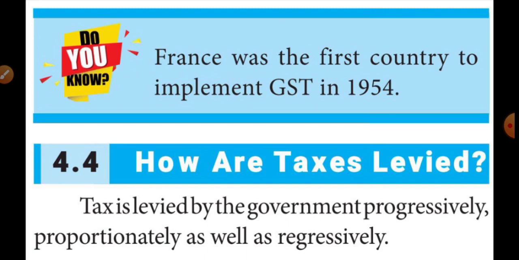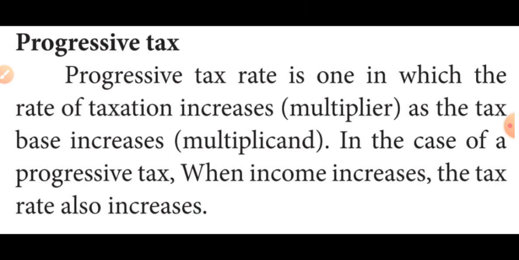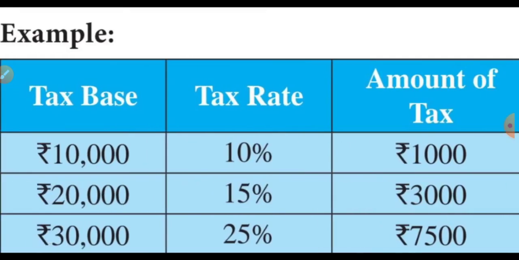For example, if the income is rupees 10,000, 10 percent tax has to be paid, that is 1,000 rupees. At the same time, if the income is rupees 20,000, the tax rate increases to 15 percent, that means 3,000 rupees to pay.